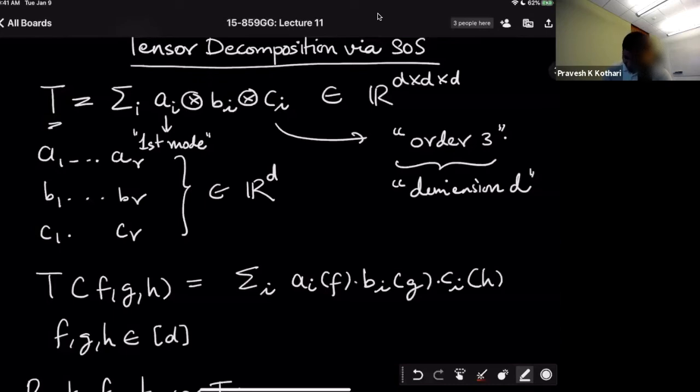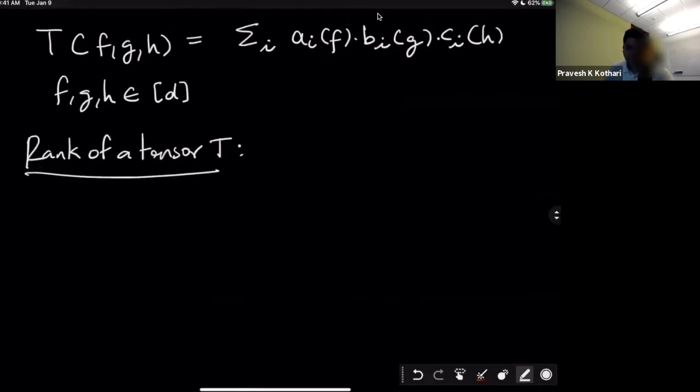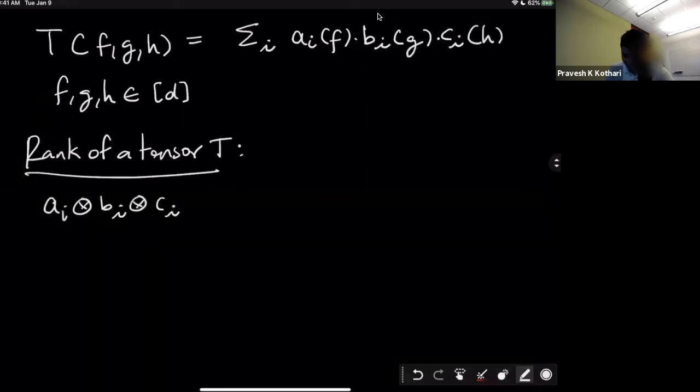Good. So once I have a tensor like this, I'm worried about the simple idea of the rank of a tensor. And what's the rank of a tensor? Well, one way to define it is, if I have an outer product of 3 vectors a_i, b_i, c_i that are d-dimensional vectors, we'll call this a rank 1 tensor.